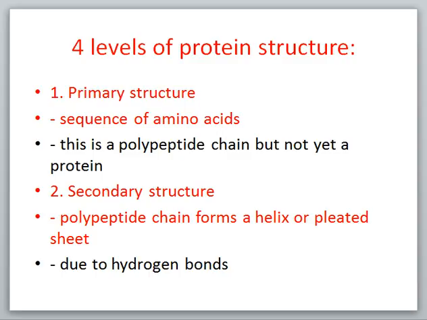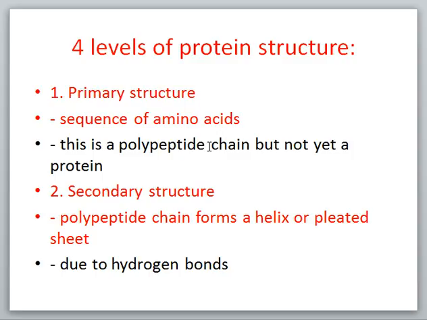We've got 4 levels of protein structure. The first level is called the primary structure, and this is just the sequence of amino acids. So amino acid number 1, number 17, number 10, another copy of 10, another copy of 17, 2 copies of 16, and so forth. And this forms a polypeptide chain, but it is not a protein.